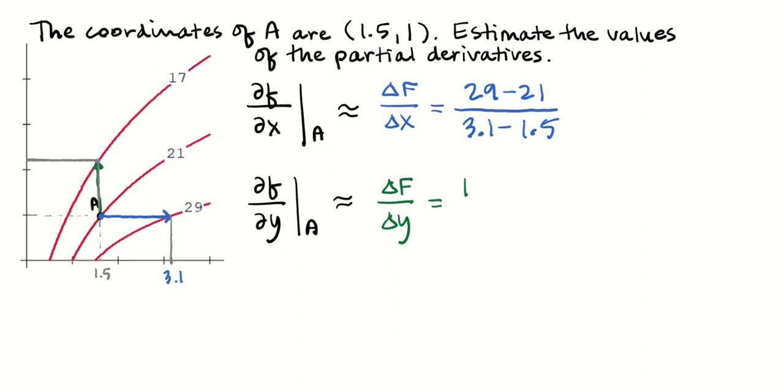This would be 17 minus 21 is negative 4, divided by, okay, this was 1, and we're going to say that this is, I don't know, 2.2 or something. That'll do. So then y went from 1 to 2.2, and I'll get negative 4 divided by 1.2, whatever that is. And that's how we can approximate values of partial derivatives from a contour map.